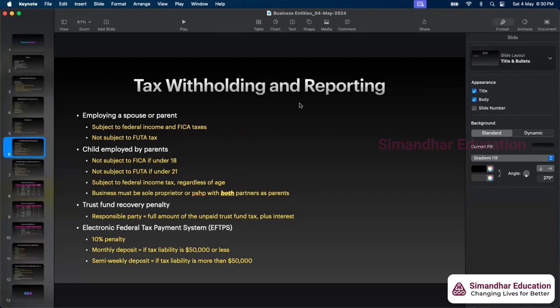Yeah, I'm not really very sure about the legal requirement, what applies for a person under the age of 18 and what is allowed or not allowed in the US. But from a tax standpoint, they might be allowed certain activities. They could be doing a part-time job for their parents, and if they were involved in that business, then they're not subject to FICA if they were under 18, and they're not subject to FUTA.